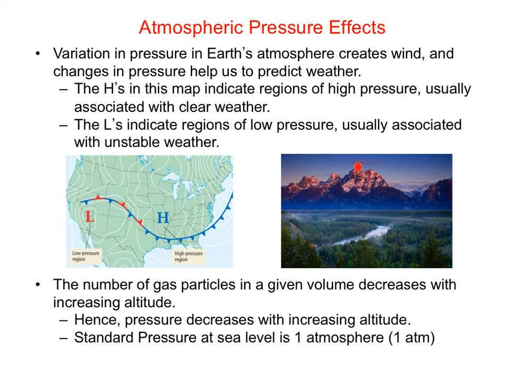As we go to higher altitudes, the pressure decreases. So if you're living in Colorado, your average atmospheric pressure is going to be lower than what we have here in Atlanta. Or if you're climbing Mount Everest, most climbers need to carry oxygen with them because the atmospheric pressure is so low that there's not enough oxygen to sustain life.